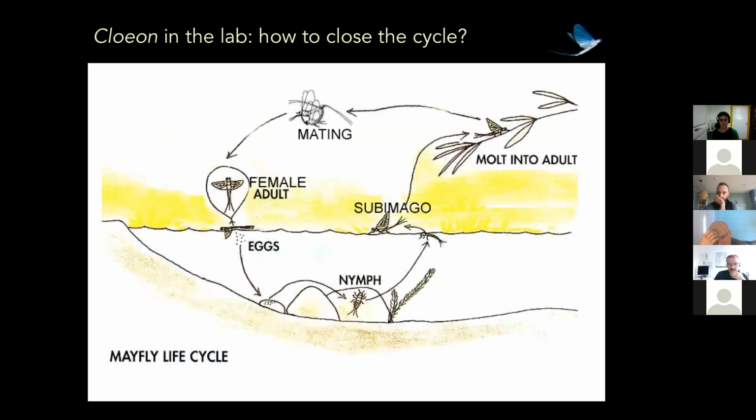We wanted to have an inbred line in the lab, and the first problem was to close the life cycle, as mayflies mate in swarms, and then the female lays the eggs in the water, the eggs hatch, and the nymphs molt several times in the water until they reach a particular size that they molt once, but this time they leave the water and they molt as a sexually mature subimago that molts once more into a sexually mature adult, and then they mate and the cycle is closed.